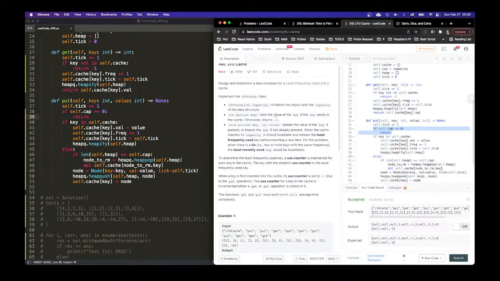Least frequently used, which is how many times this one has been used.